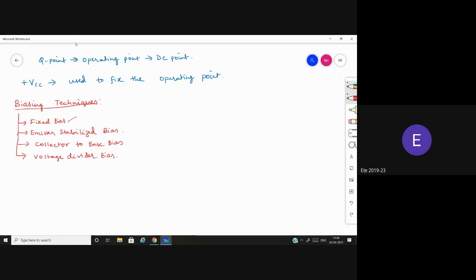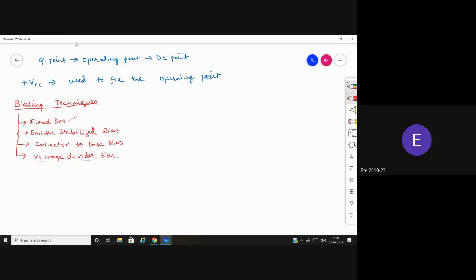To this emitter stabilized biasing circuit, they changed the connections slightly, and that became collector to base bias. In the emitter stabilized bias, instead of having a single base resistance, they split that base resistance into two parts, R1, R2, and then it became the voltage divider biasing technique. So these are the three types of techniques we have.